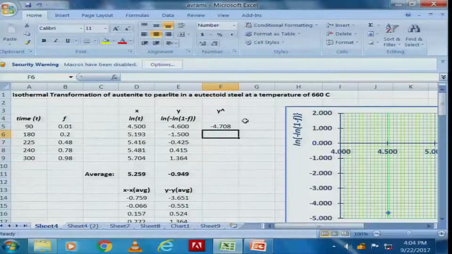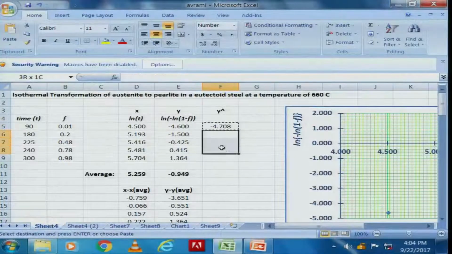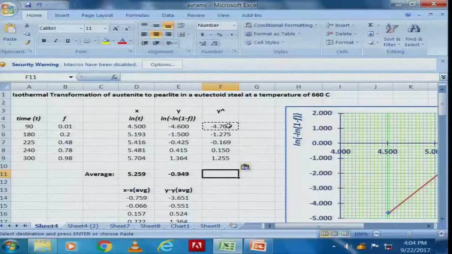This gives me an estimate of minus 4.7 against what we got from our measurement of minus 4.6. I will copy this formula to the other cells to get the estimates for the other x values as well, and this is what one gets.